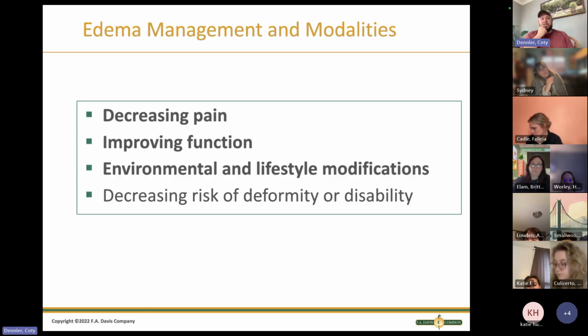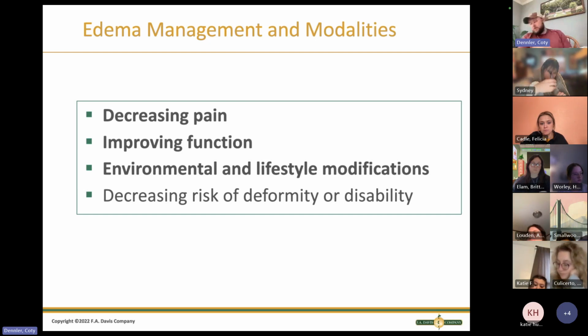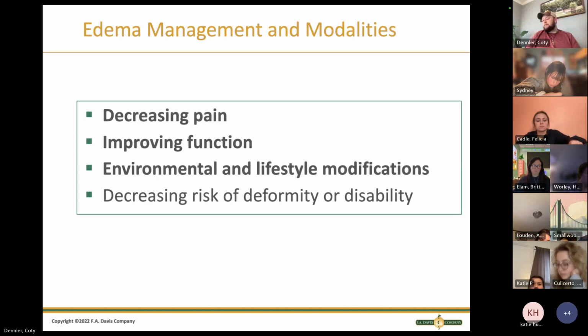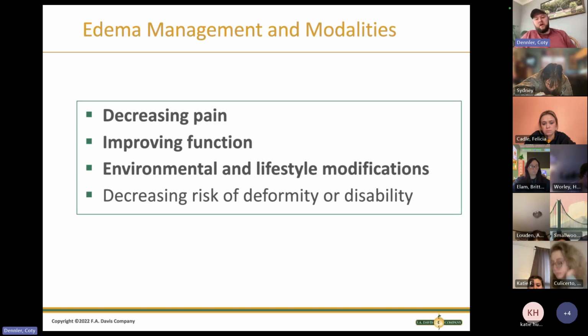All right, so edema management and modalities. Go to page 646 in your book. Main thing here: decreasing pain, improving function. Again, these are all hallmarks. You're doing this with these, but it looks a little different. You might use edema gloves.